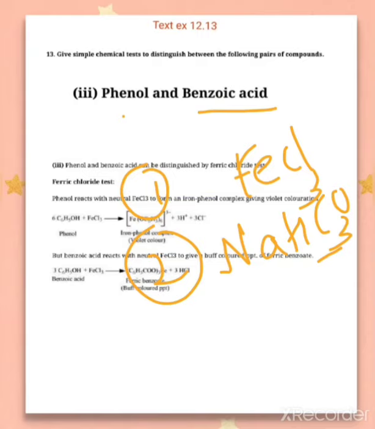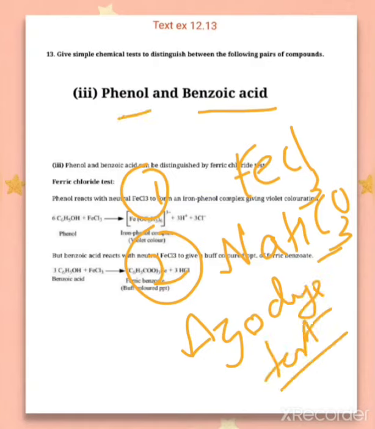And you can use another test, that is the azo dye test. The azo dye test can be given by phenols, as we have already learned in the chapter on phenol. That test can be used to distinguish between phenol and benzoic acid, because phenol gives a coloured orange dye, that is the azo dye. That is a reaction we have already learned in phenol, but benzoic acid does not give it.